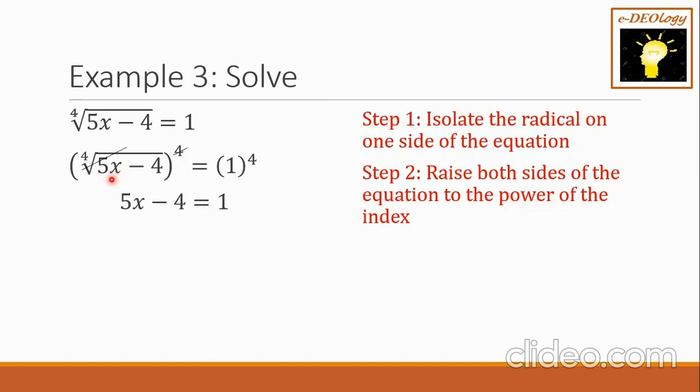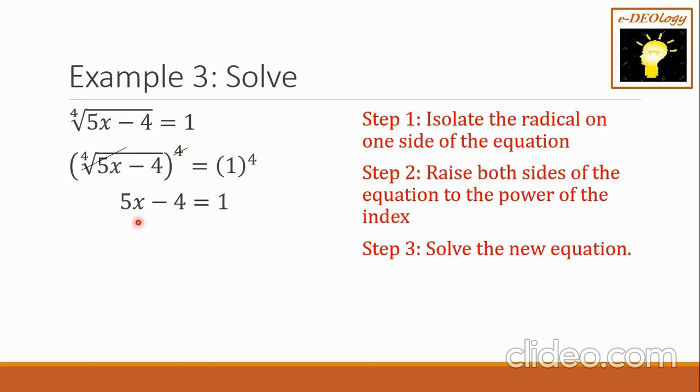And then on the left side we can cancel now the big radical sign along with that exponent 4. The radicand 5x minus 4 comes down here. On the right side, the 1 raised to 4 is equal to 1. Then we will go to step 3 to solve the new equation.